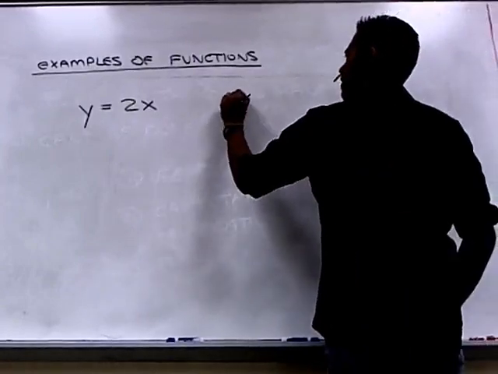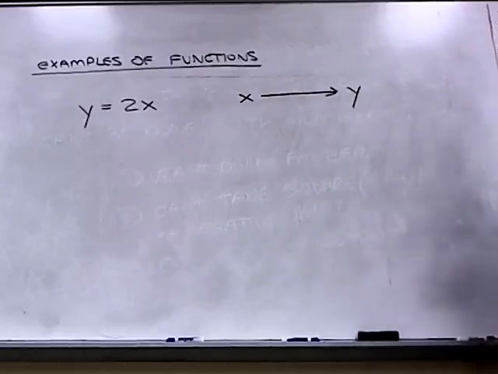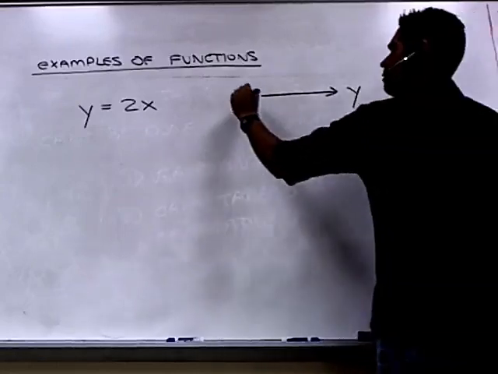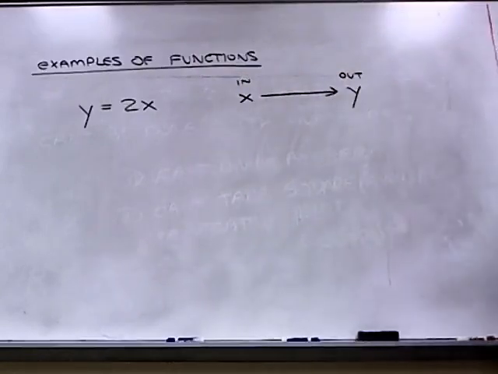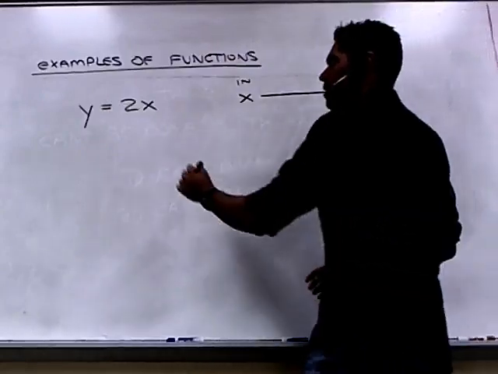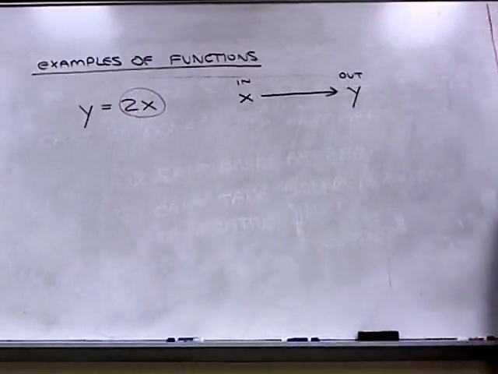Yes? So if I give you x, you can then tell me what y is. So x is the input, right? X is the in, and y is the out. So we would consider this to be a function. The function is actually this right here. It's telling you what to do to x, isn't it? It's telling you to double x.